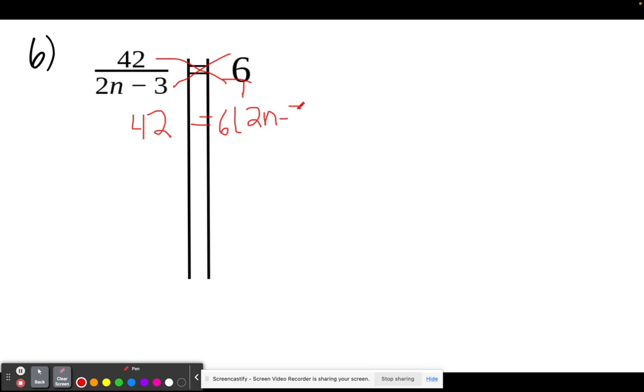I'm going to feed the birds. And I have 12n minus 18. That equals 42.